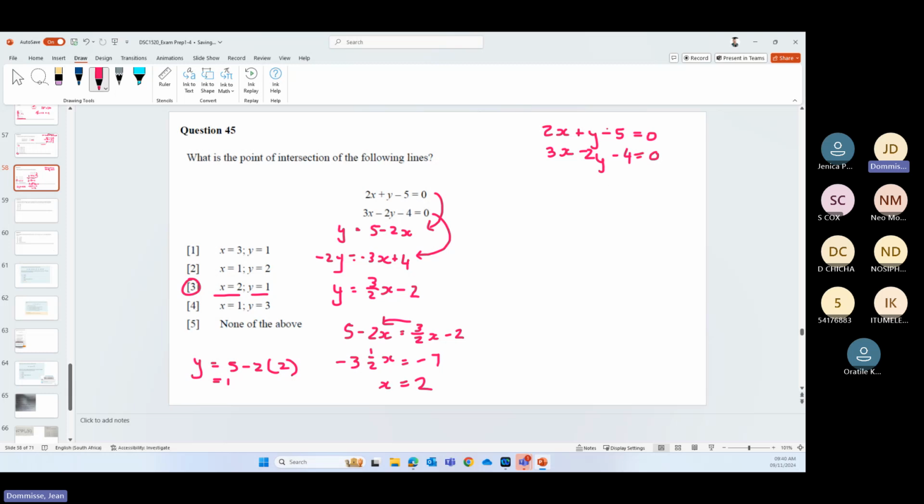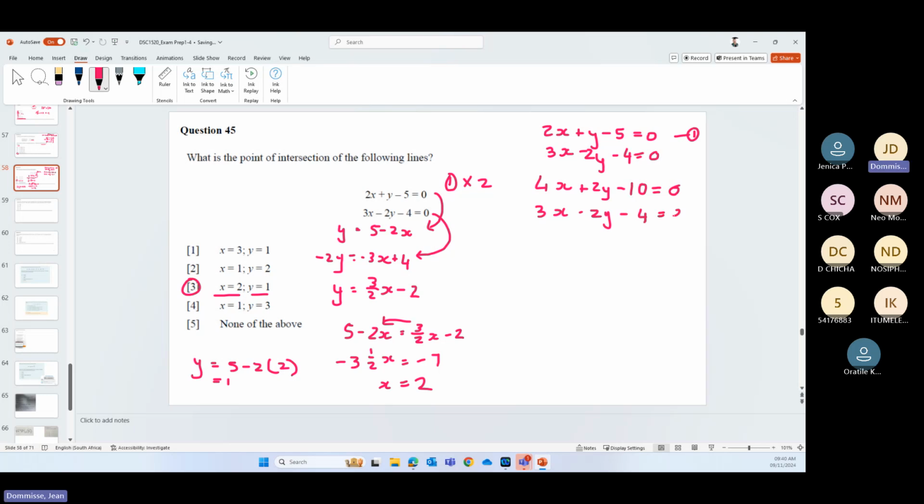The easiest again for me is to say, okay, here's a -2y, there's just a y. So if I multiply that first equation by 2, I get 4x + 2y - 10 = 0. So this for me is actually a simpler way than doing that. Our second equation, we just write over again.